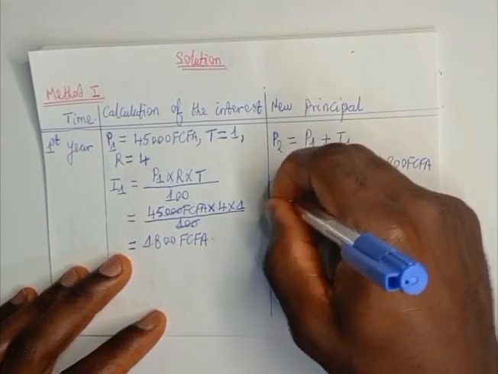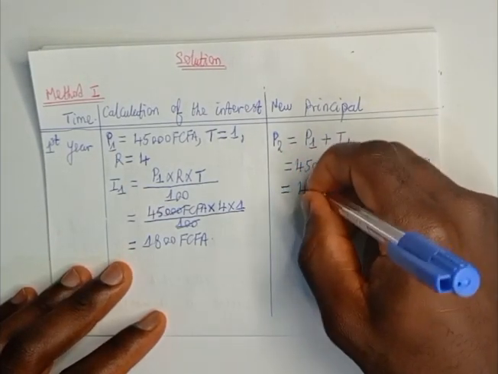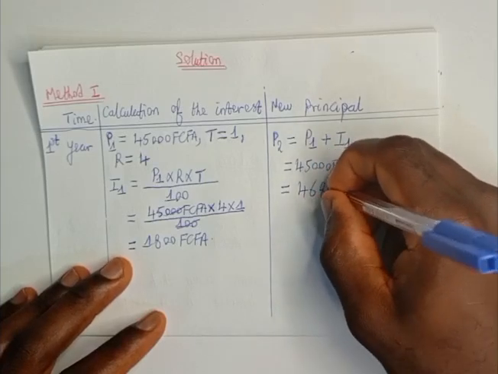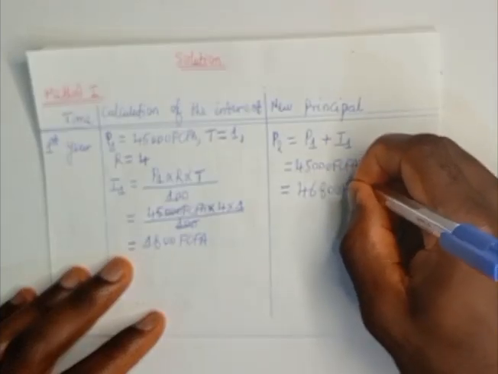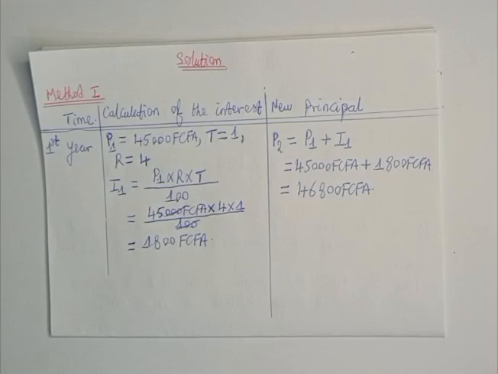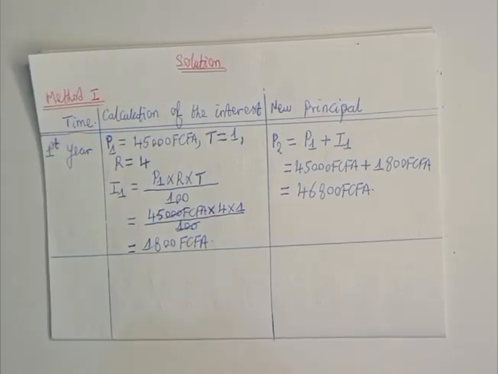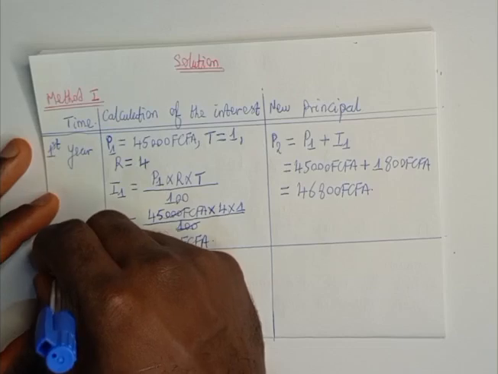This will simply be equal to 46,800 francs CFA. This is the principal invested for the second year. We go now to the second year.